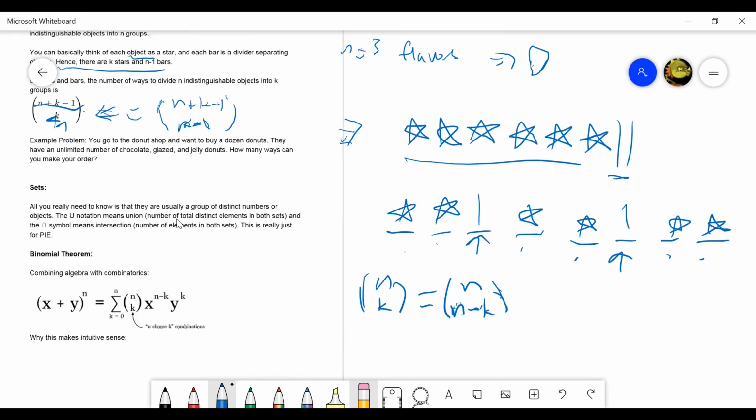And now you can see that these bars divide the stars into 3 different sections, like section 1, section 2, section 3.